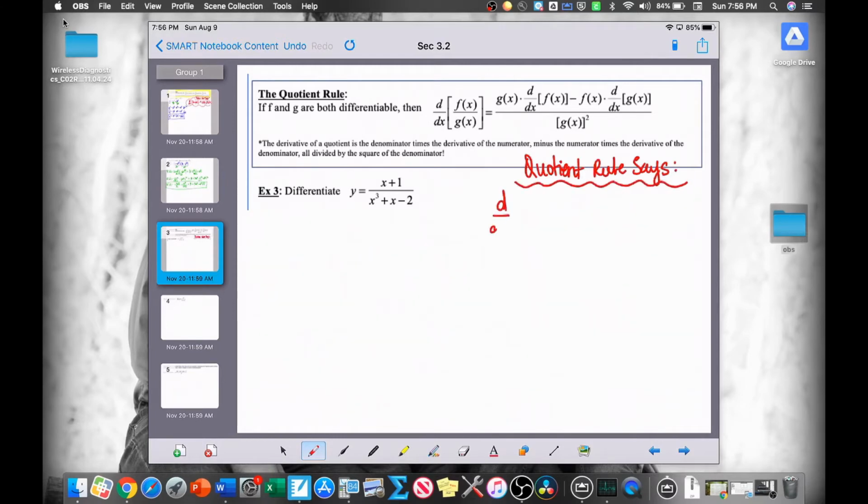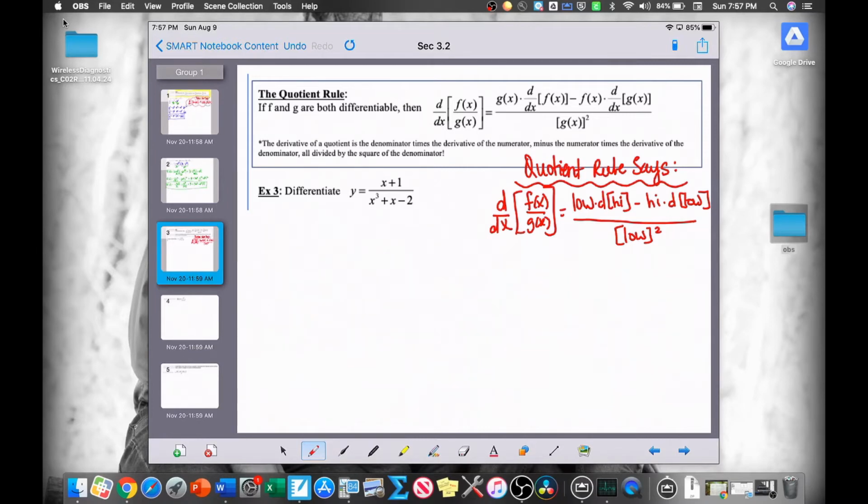The derivative with respect to x of f of x divided by g of x is equal to low d high minus high d low divided by low squared. Low d high minus high d low divided by low squared.